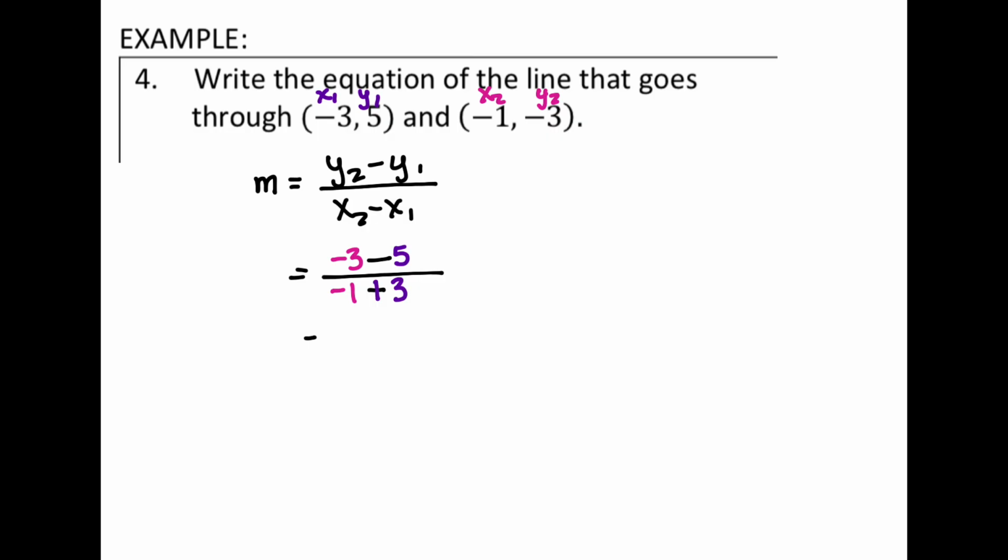Simplify that. We get negative 8 over 2. So our slope is negative 4. Now you can do the problem. Okay, you couldn't until you found the slope. So now we use our point-slope form, excuse me. So y minus y1 is equal to m times x minus x1.